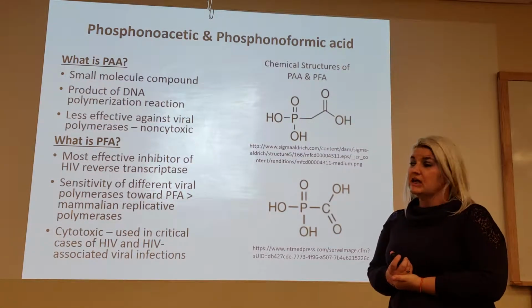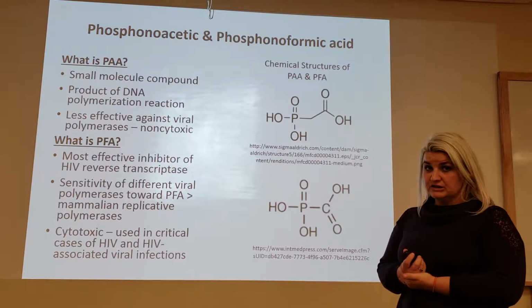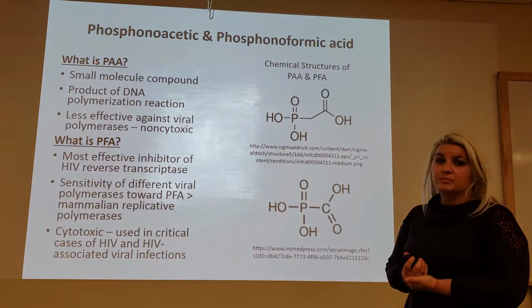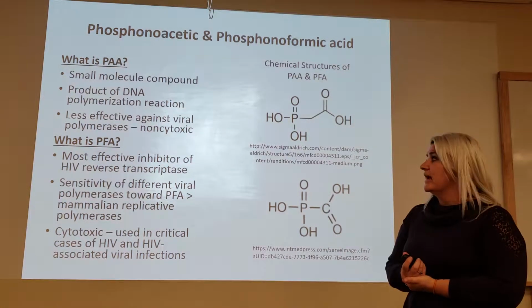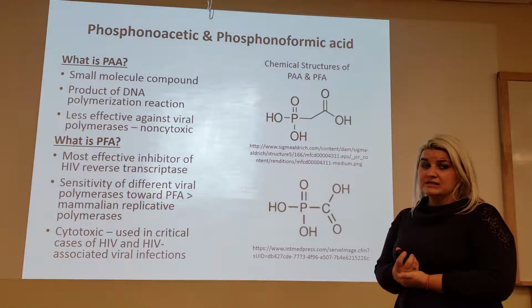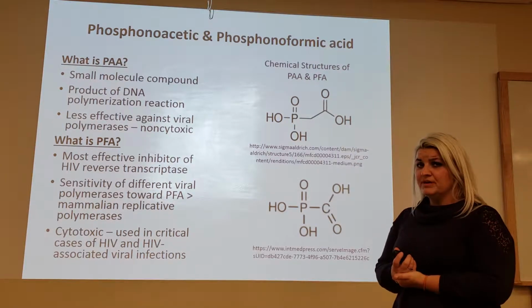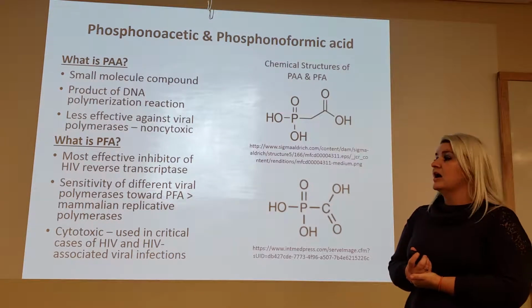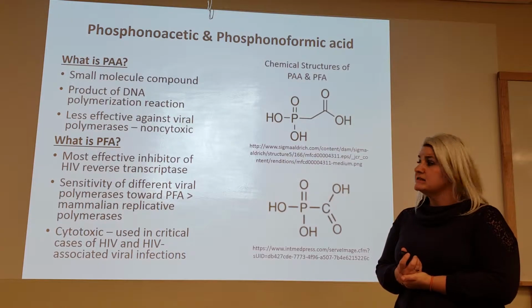It is a product of DNA polymerization reaction, and it is less effective against viral polymerases, which means that it is non-cytotoxic. PFA, on the other hand, is a most effective inhibitor of HIV reverse transcriptase.